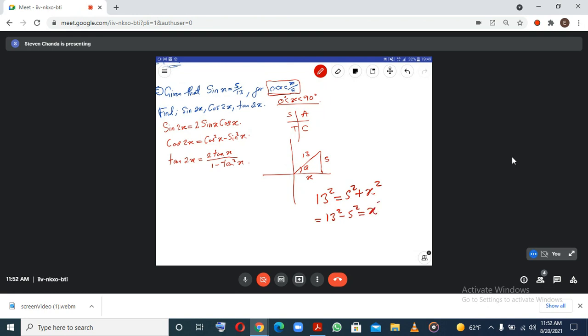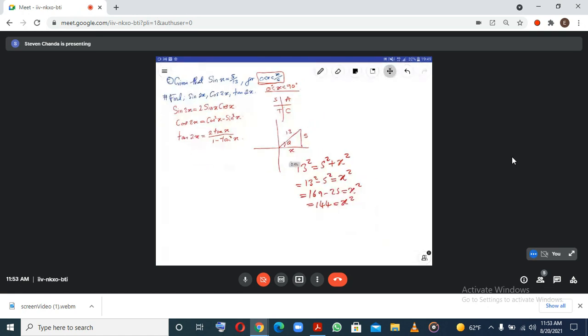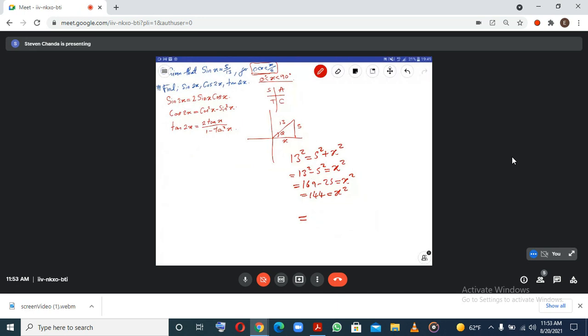That's 169 minus 25, which is 144. Square root of that, x is 12. So our x there is 12, and with this we can now calculate our cos.